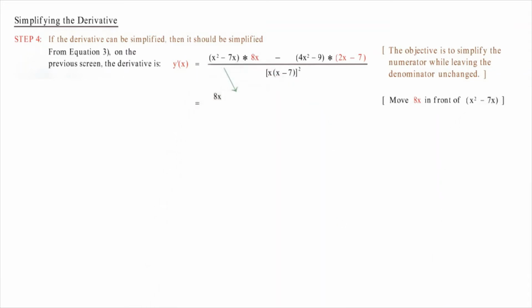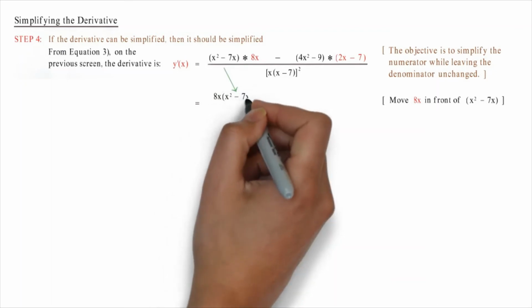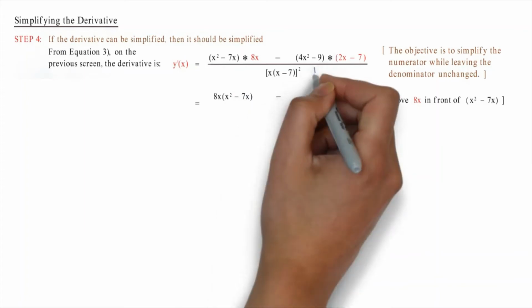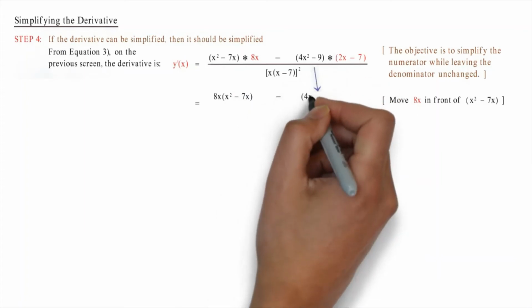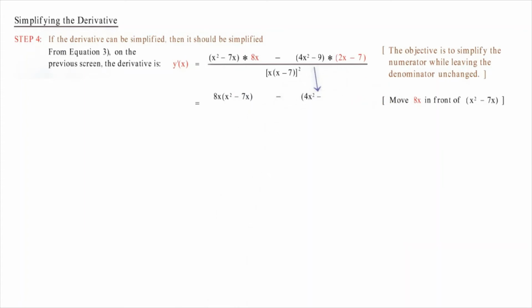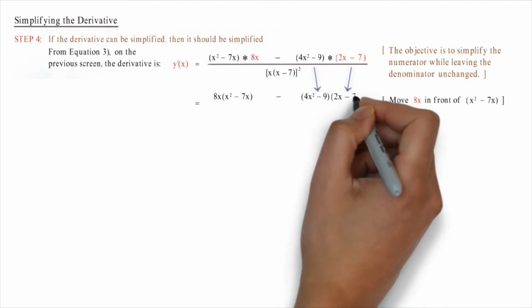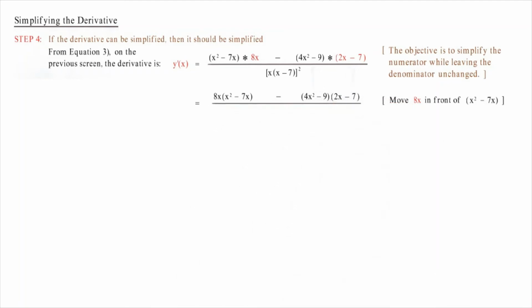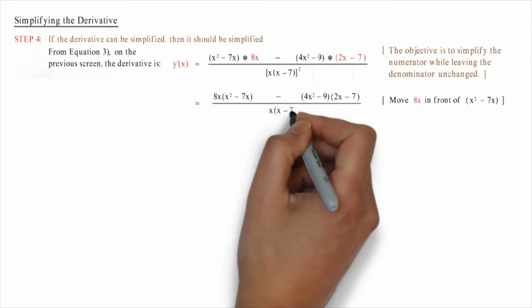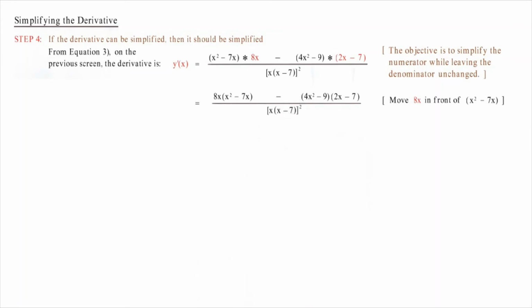8x times x squared minus 7x, minus, bring down 4x squared minus 9 times, bring down 2x minus 7, divided by x into x minus 7 all squared equals.